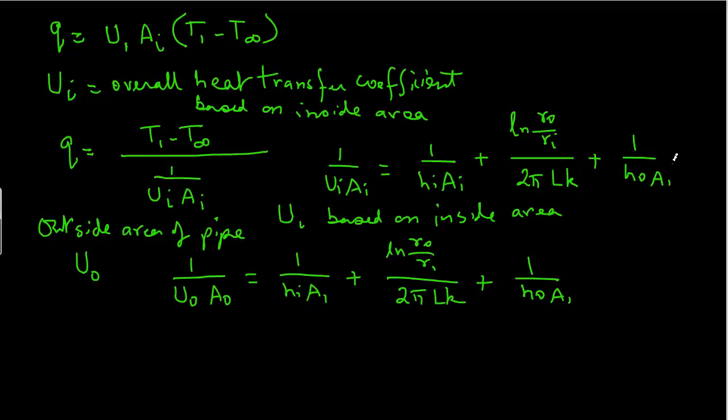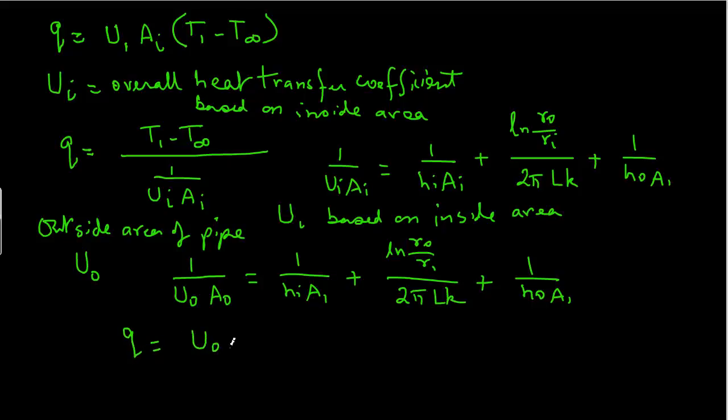As you will notice, on the right hand side the items are exactly the same in both cases, but on the left hand side, if you use the U value for inside area, then Ui must be multiplied by Ai. On the other hand, if you used Uo, which is based on the outside area, then Uo must be multiplied by Ao.